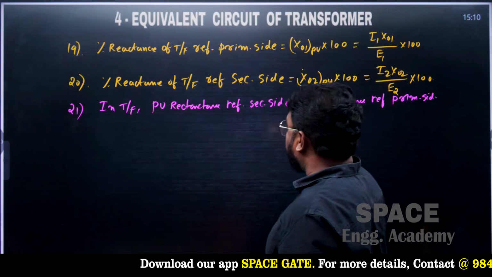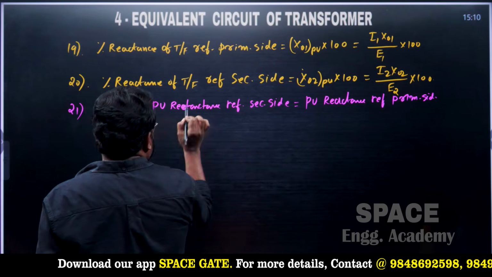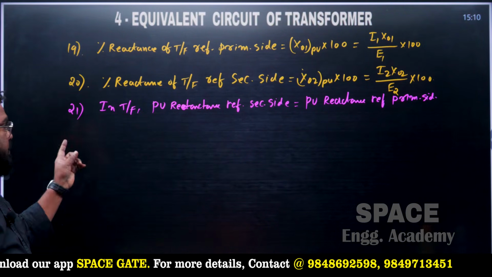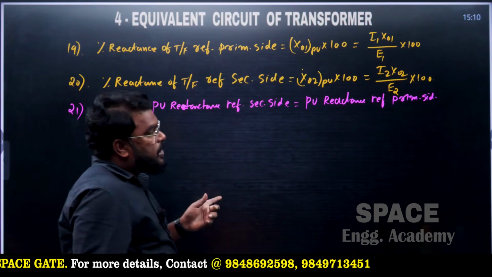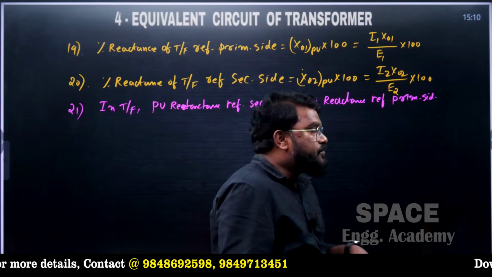This is also one other question: the per unit reactance referred to the secondary side is equal to the per unit reactance referred to the primary side of the transformer.